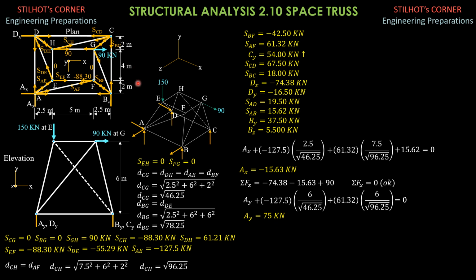We can now check, because everything is found for vertical reactions, AY, BY, CY, and DY. If the sum is 0, so summation forces Y equals 75 plus BY 37.5 plus CY 54 plus DY negative 16.5, then minus 150, the load.